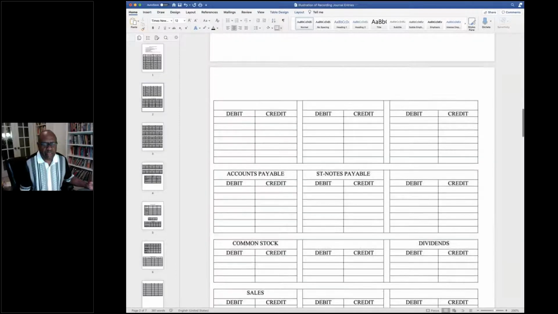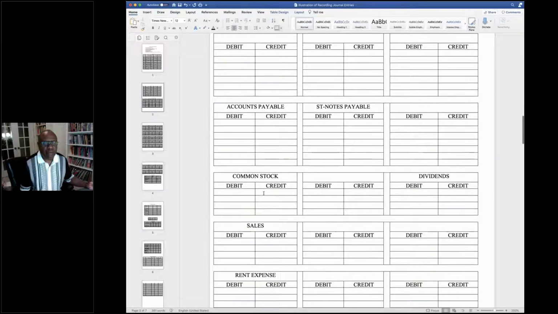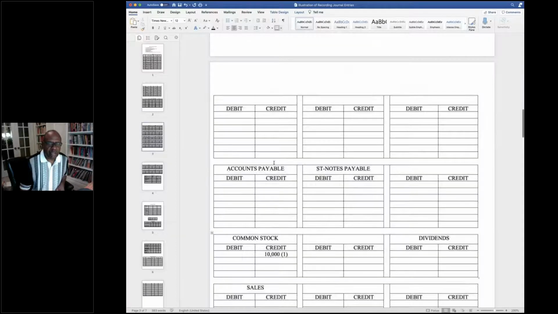Next, I need to go to common stock. I need to put a 10,000, but it's going to go on the credit side. And I'm also going to index it so that if I need to go back, if I miss posting something, I can check journal entry by journal entry to make sure I post it.